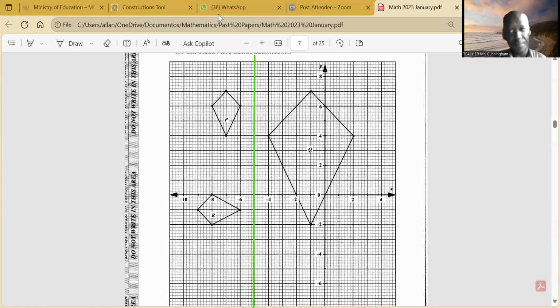Let's go again. I'm erasing this. Now, notice that they ask for the line y equal to 0. Let me go back to the question.